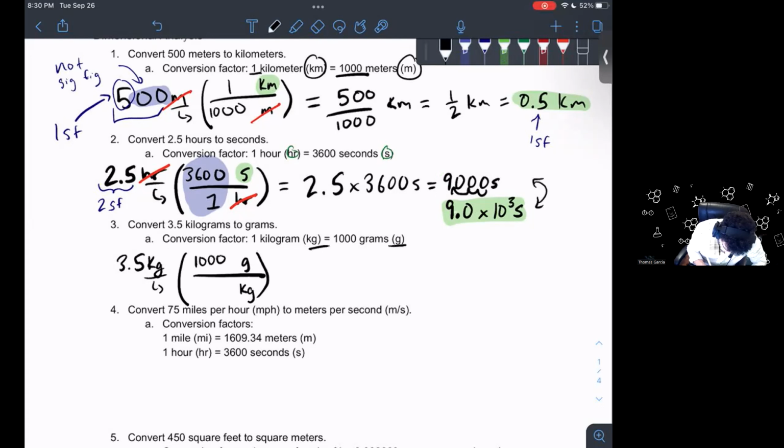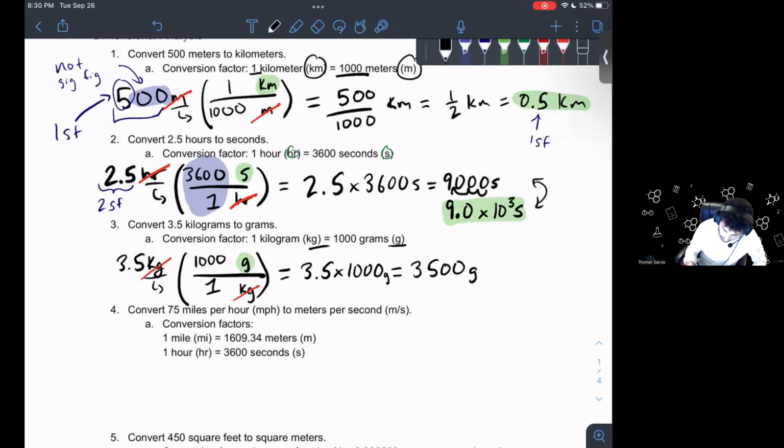We have 1,000 with grams and 1 with kilograms. We cancel out our units and end in grams, exactly where we want to be. This is going to be 3.5 times 1,000 grams, which equals 3,500 grams.